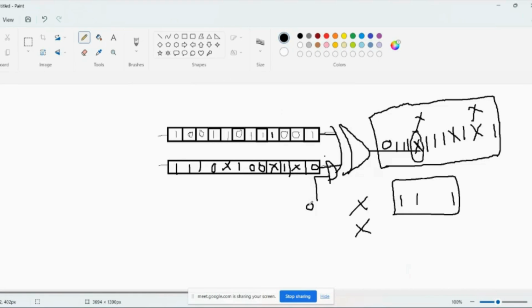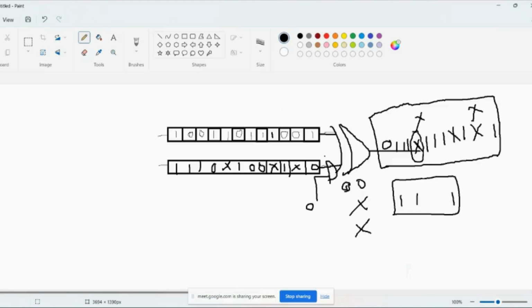So when you have 0, irrespective of this X input, this particular output will be marked as the output of this. So 0 and 0 will be 0. X and 0 will be 0. So wherever X propagation is there, that will be masked with a known value.